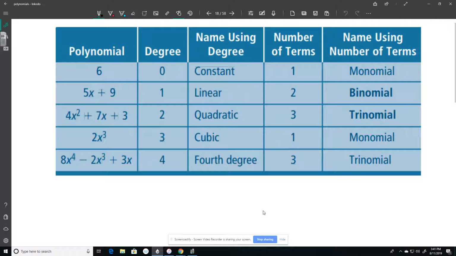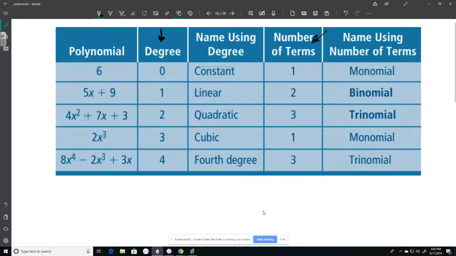Well, a couple more things, sorry. Here's a few polynomials. We have 2 different names for it. We have a name using the degrees of the exponents, and we also have a name based on how many terms are in it. And this kind of shows your progress as you've been learning in math.